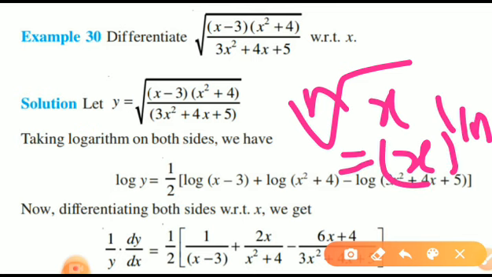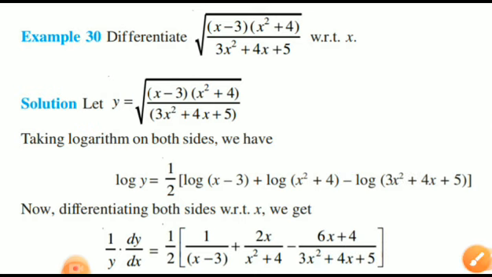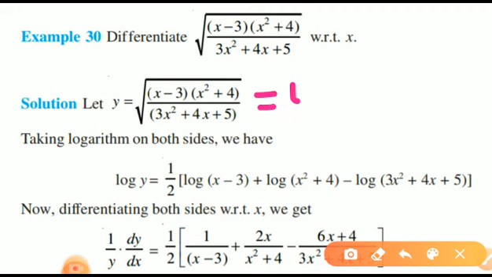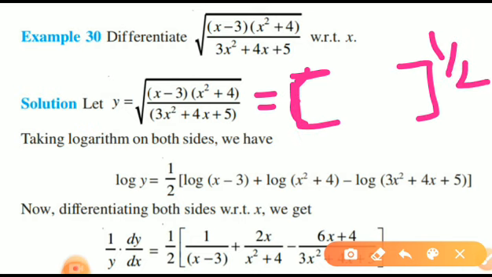That should be kept in mind. Even though the question is written with a square root or nth root, no problem, it is very easy. I can write y equal to the whole function in brackets raised to 1 by 2.